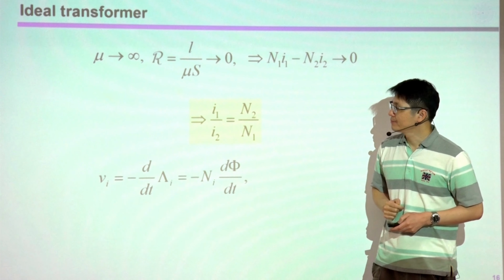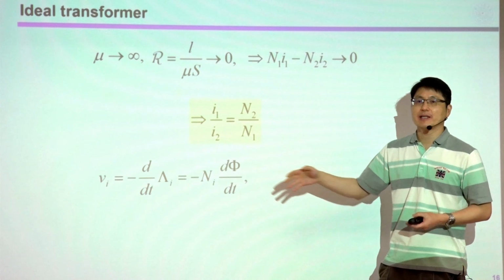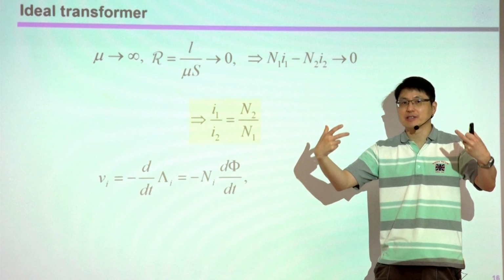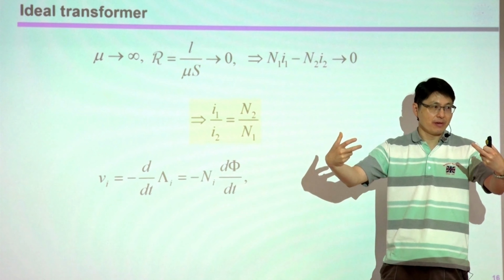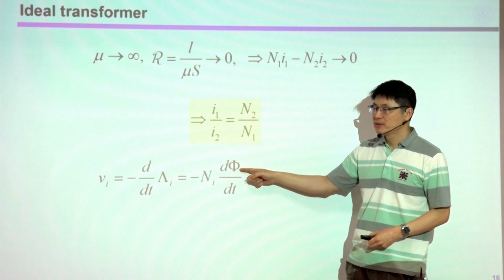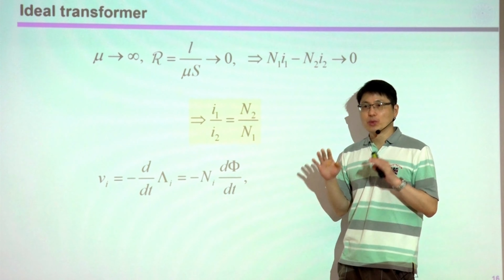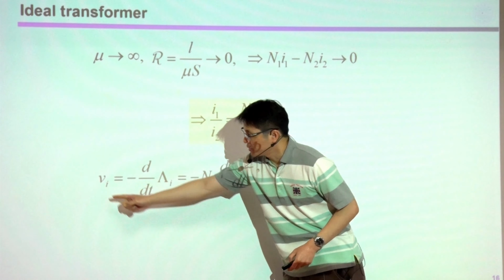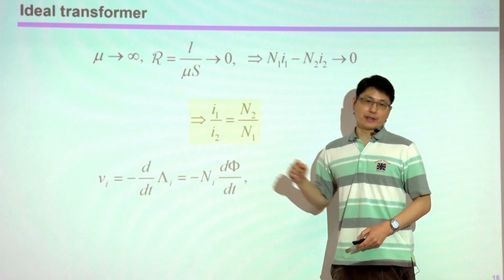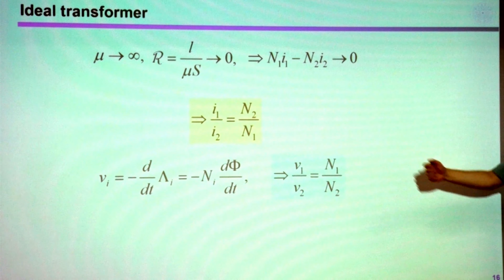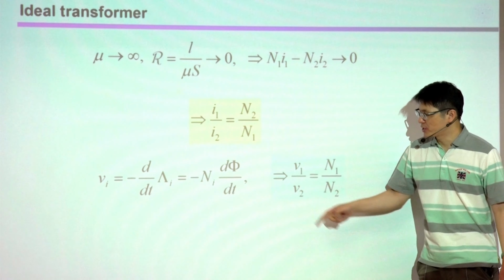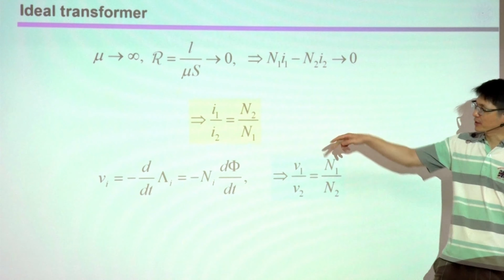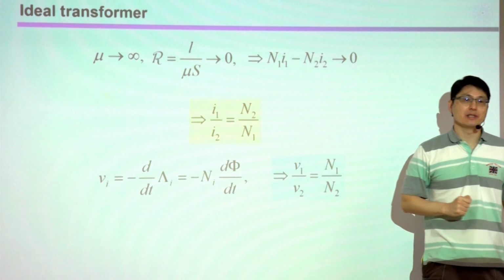All the field lines are confined by the coil, so coil 1 and coil 2 share the same number of magnetic field lines, and therefore the same magnetic flux. In this case, your voltage is proportional to the winding number, as you remembered. But the current is inversely proportional to the winding number.